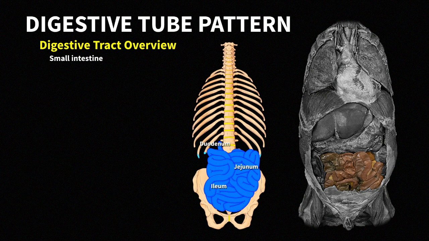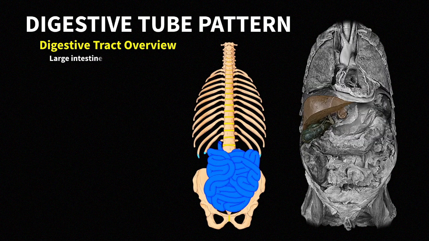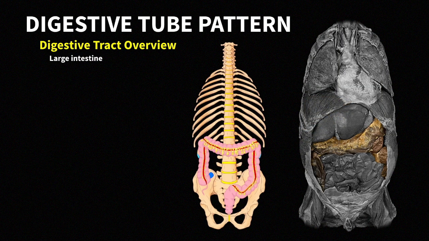The digestive system terminates as the large intestine, which consists of a cecum with its projecting appendix, the ascending colon, transverse colon, descending colon, sigmoid colon, and rectum, which exits the body through the anal canal.